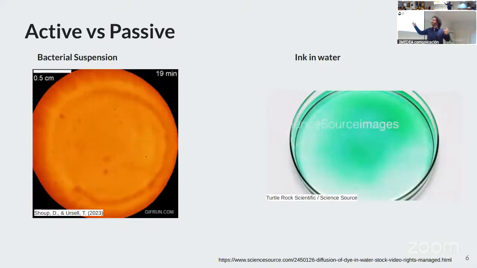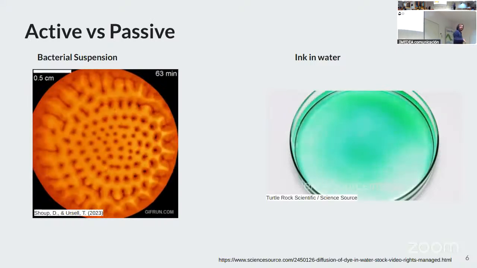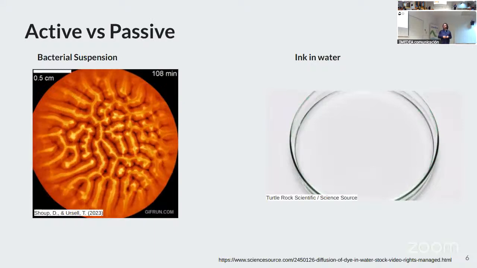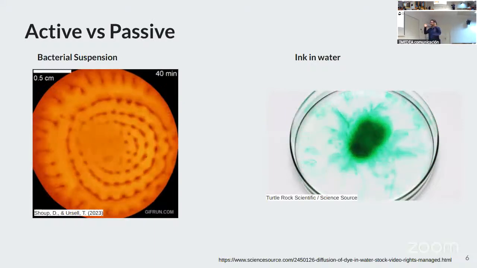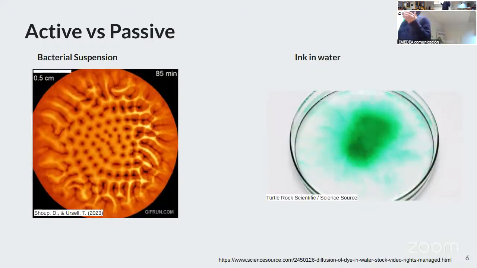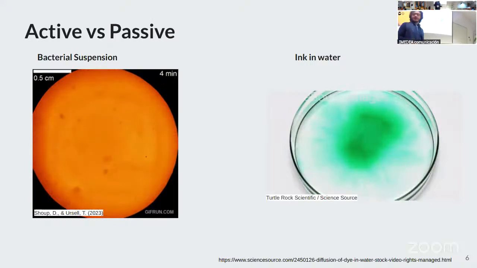You see that the bacteria start to form this sort of bioconvective patterns. So this is a nice way of seeing the difference between active and passive matter.